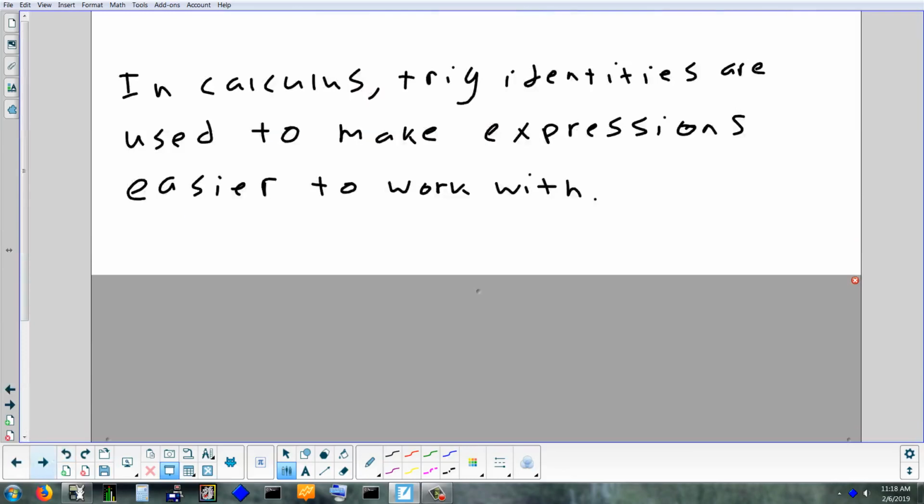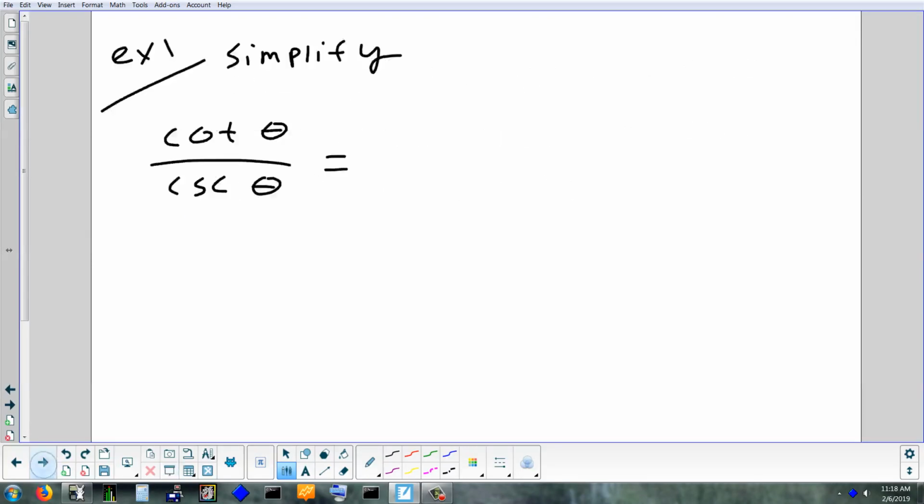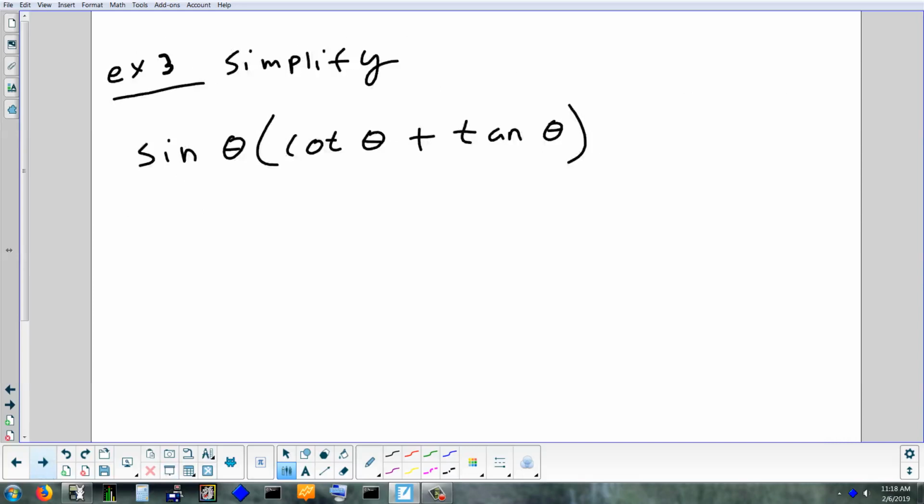So we don't really get into the application, right? We're not going to do word problems with these. We're just going to take a trig expression and simplify it. Where this would come up is in a problem that would involve calculus. You might have a really complicated trig expression like that, and maybe you have to do something with it, but before you do anything with it, you want to simplify it as much as you can.